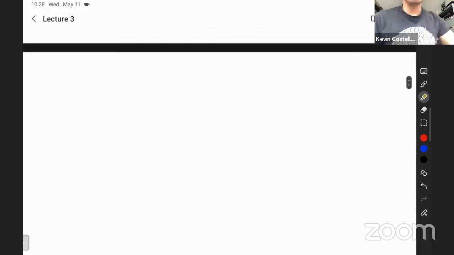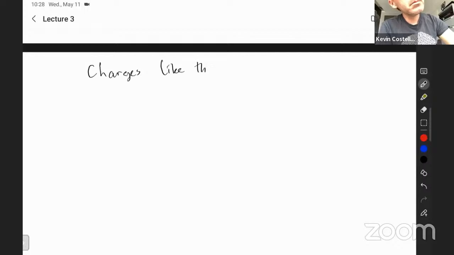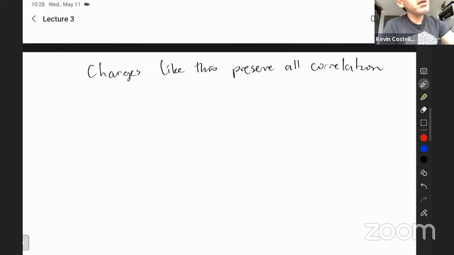Why is this a good thing to do? So charges like this preserve all correlation functions. You can have a picture like this where I have local operators.